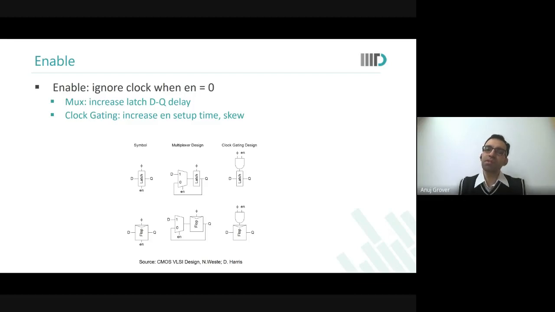So enable signal is something like this, a multiplexer based design where there's a multiplexer which would make it enabled, or in reality you would actually just gate the clock with an enable signal.